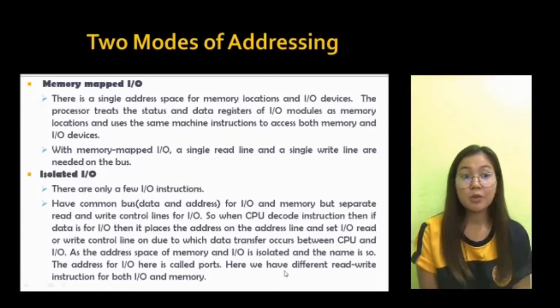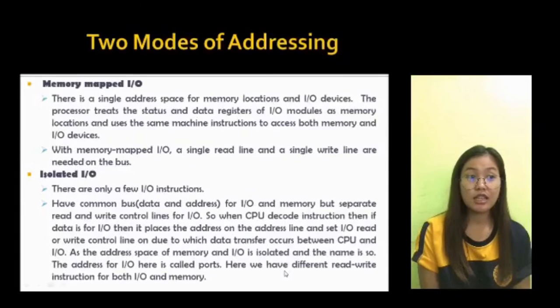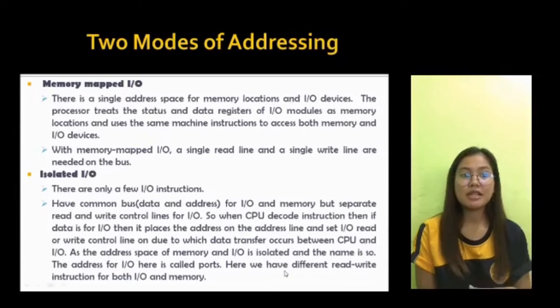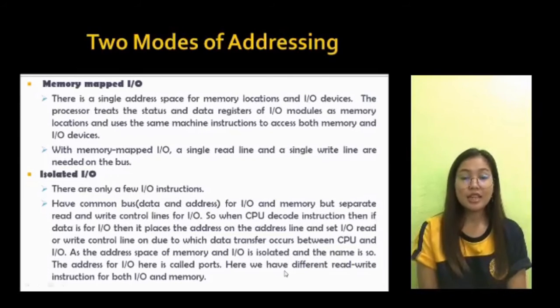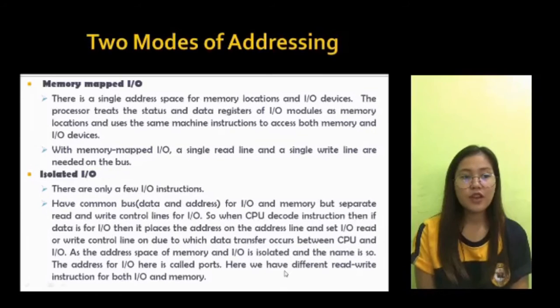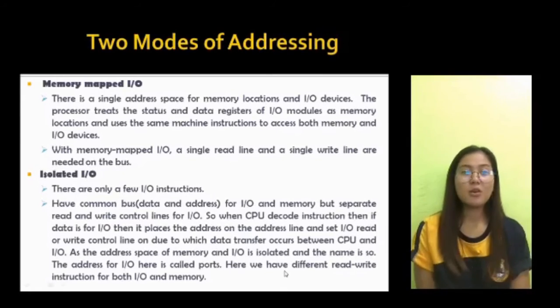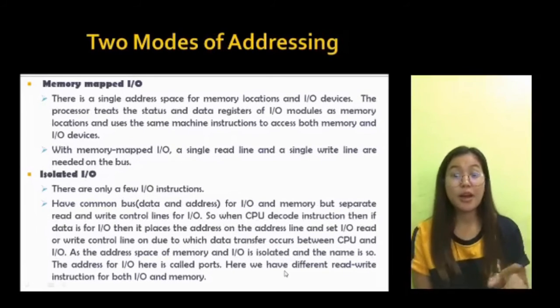So when the CPU decodes an instruction, if the data is for I/O, it places the address on the address line and sets the I/O read or write control line on, due to which data transfer occurs between CPU and I/O. As the address space of memory and I/O is isolated, the name is so. The addresses for I/O here are called ports. Here, in ports, we have different read and write instructions for both the I/O and the memory.